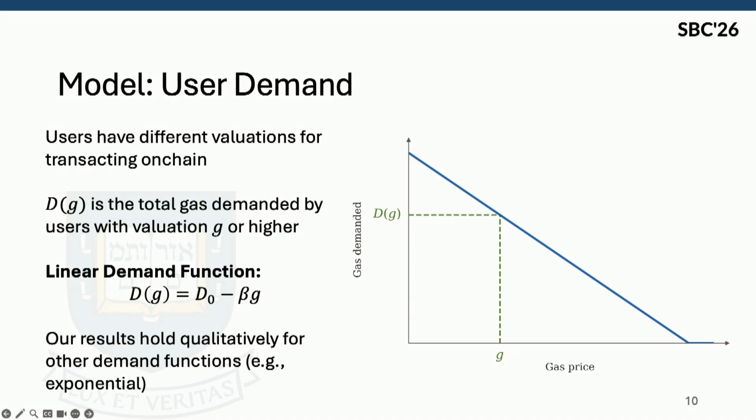Let D(G) denote the total gas demanded by the users with valuation G or higher. To make it easy for our analysis, we assume a linear demand function. But as you can see from our paper, our results also hold qualitatively for more complicated demand functions like the exponential demand. In this presentation, I'll use the linear demand function.